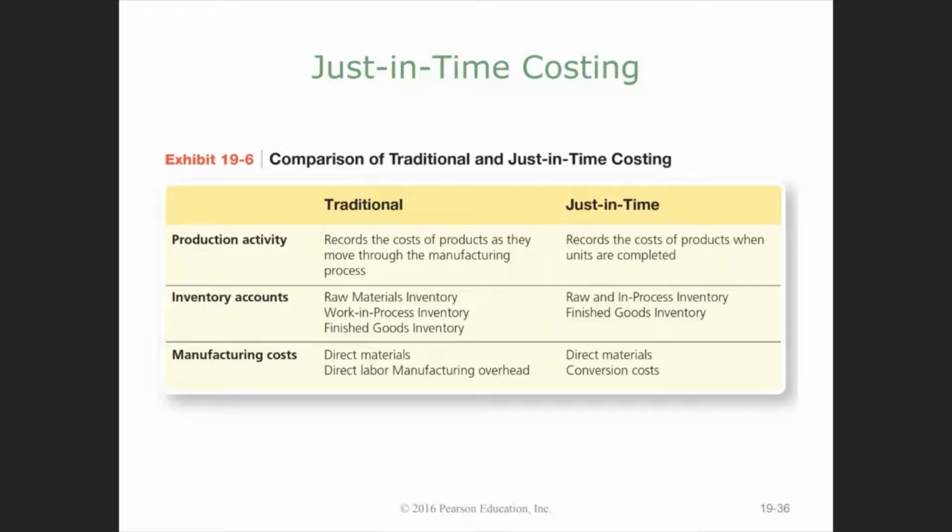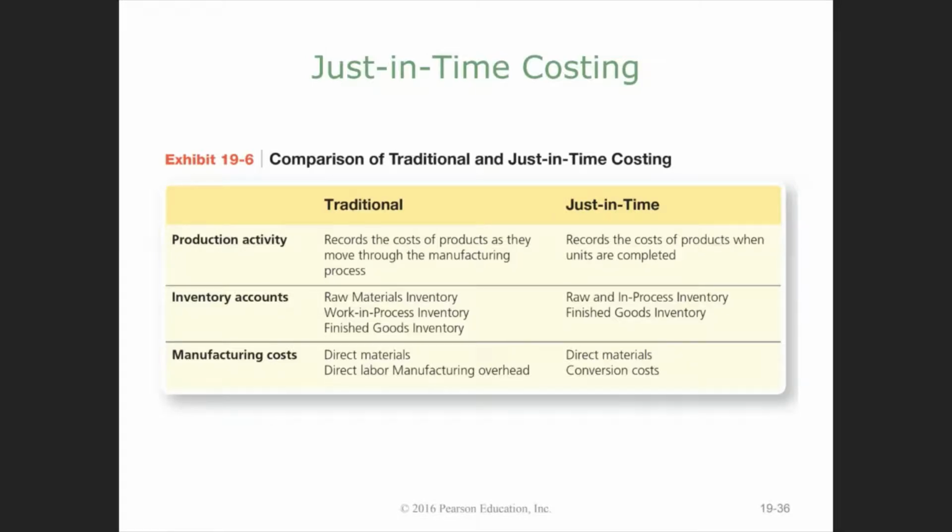Comparison of traditional and just-in-time costing. So we have our traditional costing and our just-in-time costing, and we're going to look at the production activity, inventory accounts, and manufacturing cost. For our production activity in a traditional costing, we're going to record the cost of products as they move through the manufacturing process.